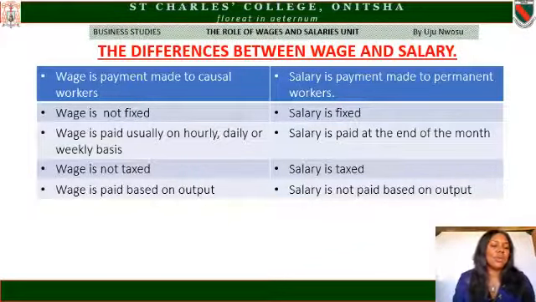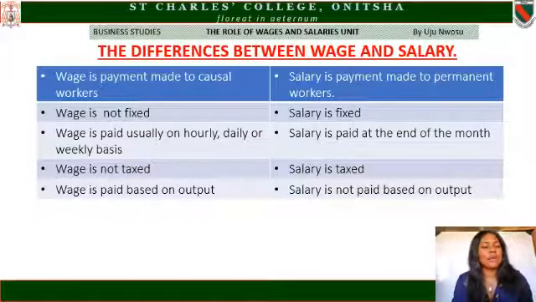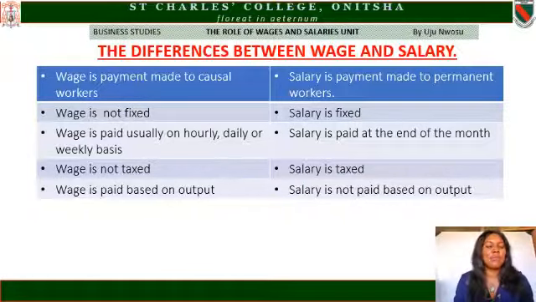Number 2, wage is not fixed, while salary is fixed. Salary is fixed in the sense that a certain amount of money will be paid to the workers at the end of every month. Where in terms of wage earners, it is not like that. It depends on the work he or she renders that the payment will be made to him or her.